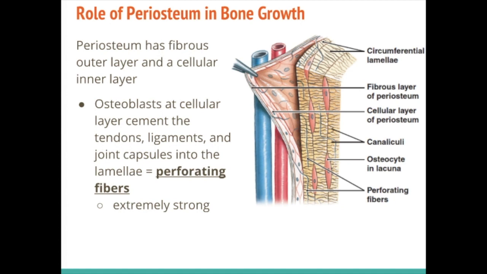The method that the osteoblasts use to hold these fibers in place is extremely strong. Typically, if you have an excessive pull on a tendon or a ligament, you usually end up breaking a bone before you would snap any of the collagen fibers at the surface of the bone, because it's so well adhered to the lamellae.